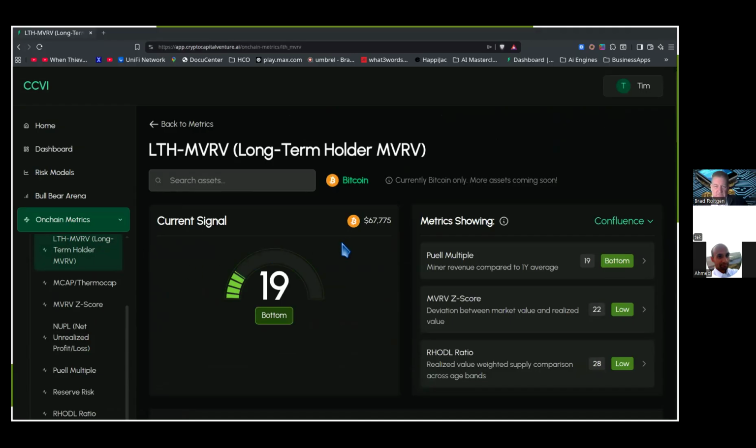And right now, a lot of things are set for Bitcoin only. Eventually, they'll start adding the ability to analyze this, like LTH MVRV, long-term holder.